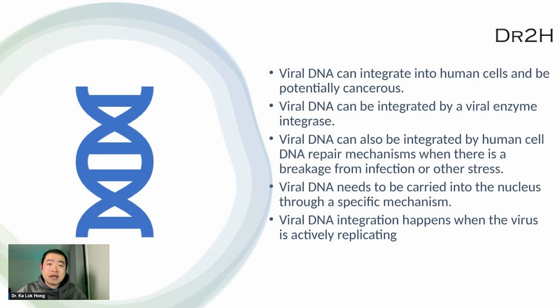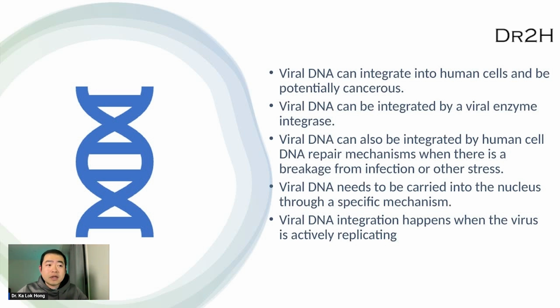Number one is that viral DNA can integrate into human cells and be potentially cancerous. Number two, viral DNA can be integrated by a viral enzyme called integrase. Number three, viral DNA can also be integrated by human cell DNA repair mechanisms where there is a breakage formed from infection or other stress.